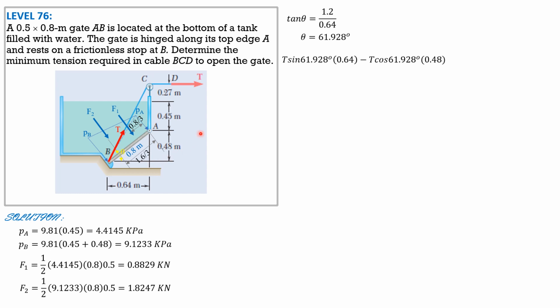Then the horizontal component is counterclockwise, so minus T cosine 61.928 degrees times moment arm 0.48, minus F1, which is 0.8829 times 0.8 over 3, then minus F2, 1.8247 times 1.6 over 3 equals 0. Solving for T, which is the only unknown in this equation, T is equal to 3.567 kilonewtons.